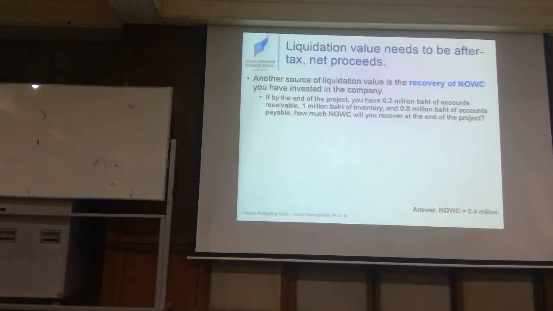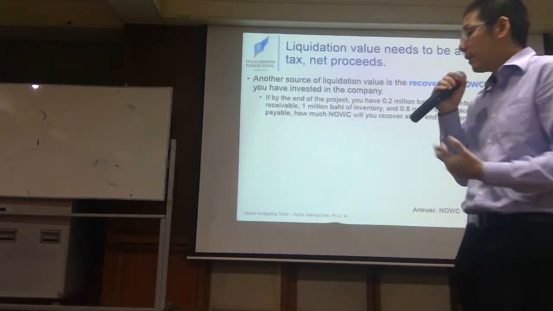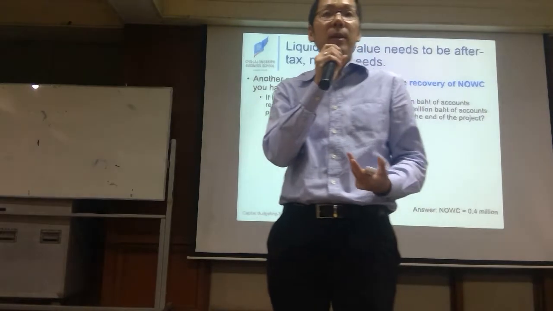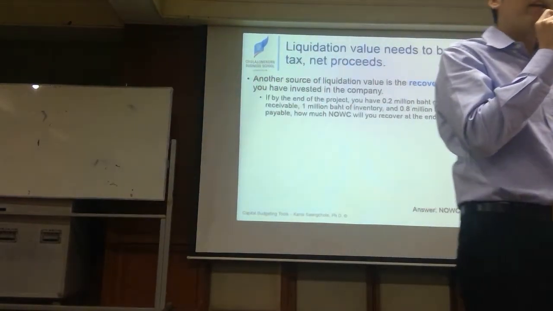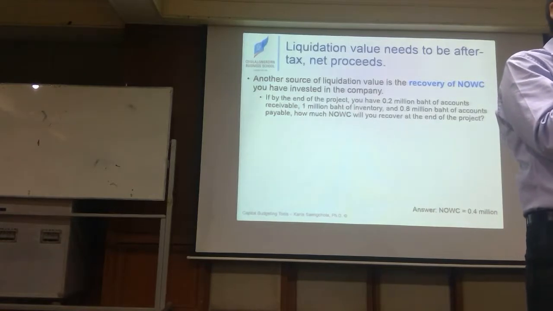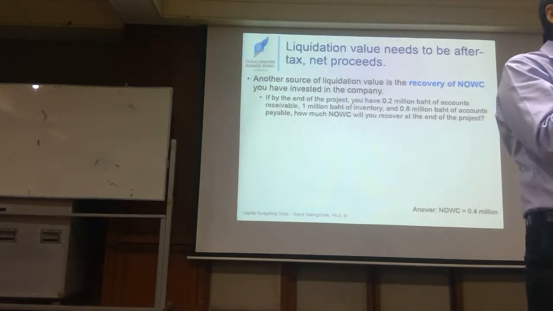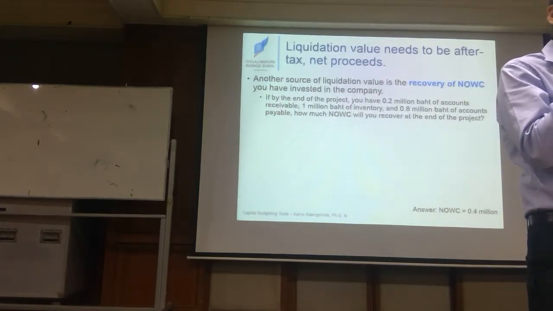One variation of the normal free cash flow calculation is when you have a project, you may end up terminating the project. If you terminate the project, your liquidation needs to be taken into account as well. You invested capital, so you should expect to recover some back. We assume full recovery, but in reality, when you recover your assets, it may not be the case.